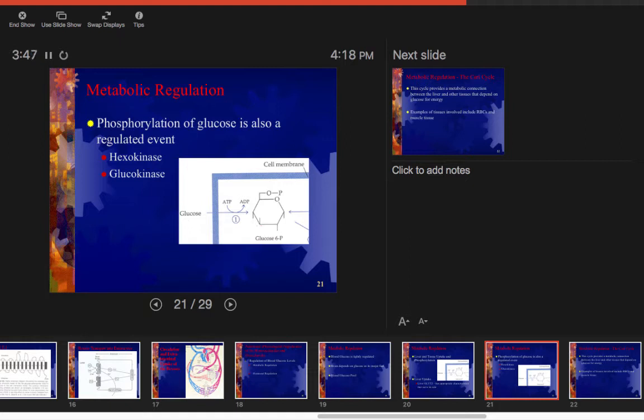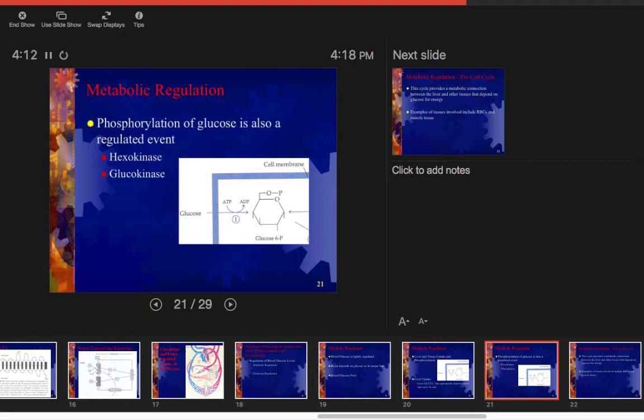You don't have to draw the other oxygens. We're going to say this is hexokinase. This is glucokinase. There's a couple different things about these enzymes. One is their tissue distribution, in other words, where they're expressed.